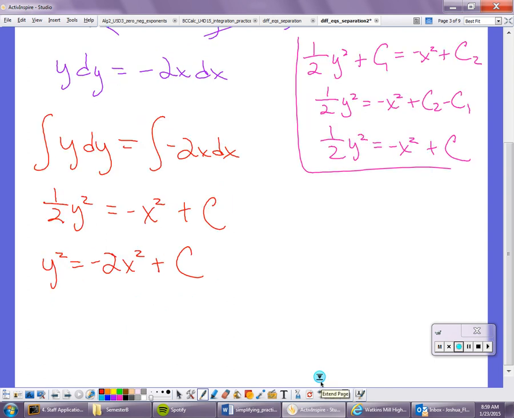And then to get y by itself, we would have to take the square root of both sides, so we get plus or minus the square root of negative 2x squared plus c, and that's it. So that is how to solve a differential equation by separation.